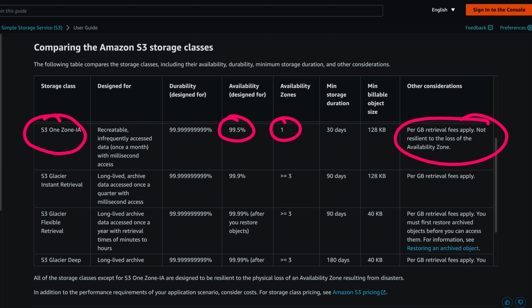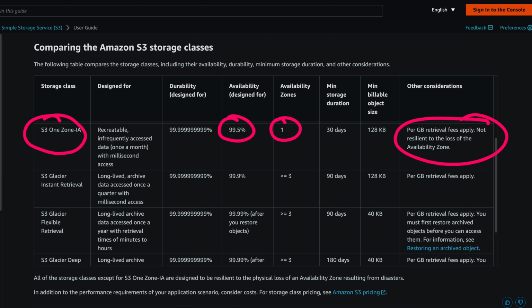Now this storage tier is great for something where you have data that you can regenerate. So maybe you have image files stored in S3 Standard, but then from that original image, you might make thumbnails or convert it into different image file types. The thumbnails and other processed images can be stored in this One Zone infrequently accessed storage tier to save costs.